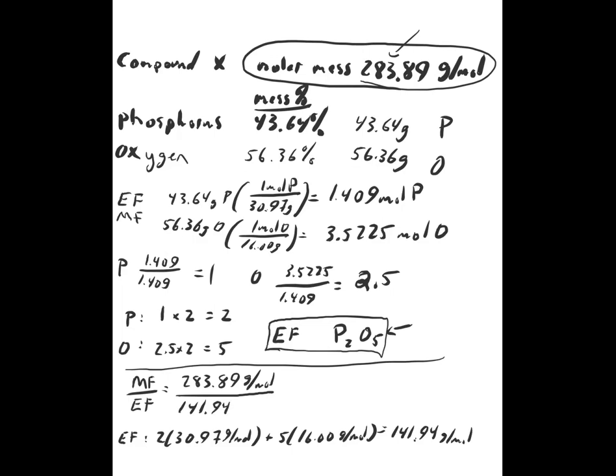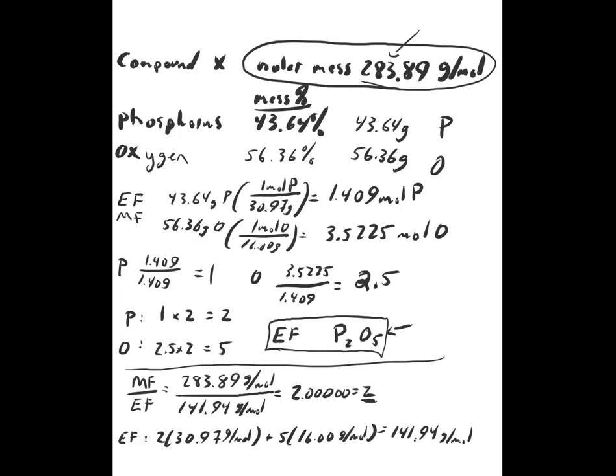Okay, so 141.94 grams per mole. Do the ratio. 283.89 divided by 141.94, and you get 2. Right? There's a bunch of zeros, so you can round that to 2. If you get 2.00000, that's definitely 2. So round that to 2. What that tells us is the actual formula is 2 times as heavy as the empirical formula.